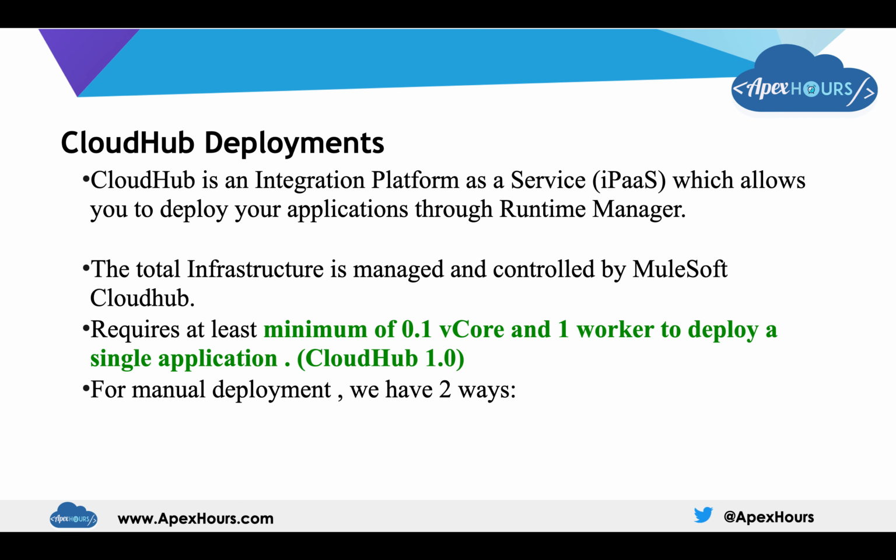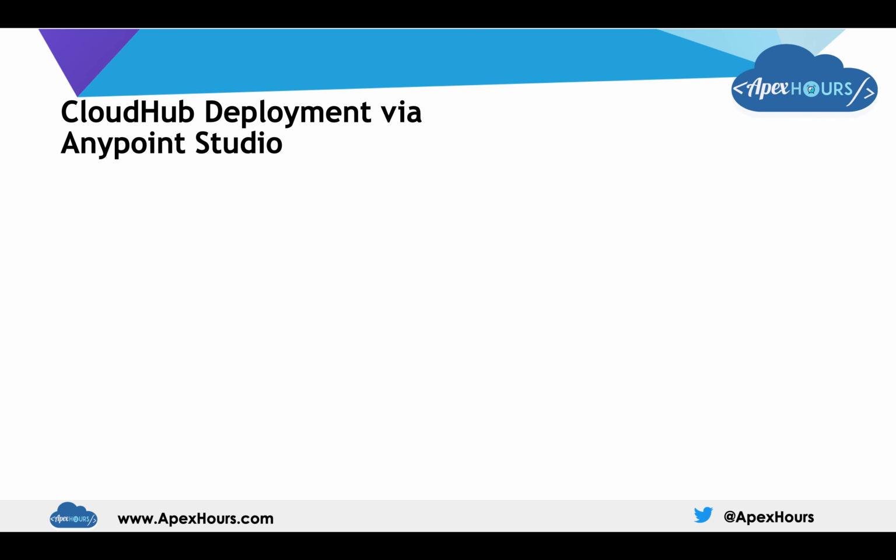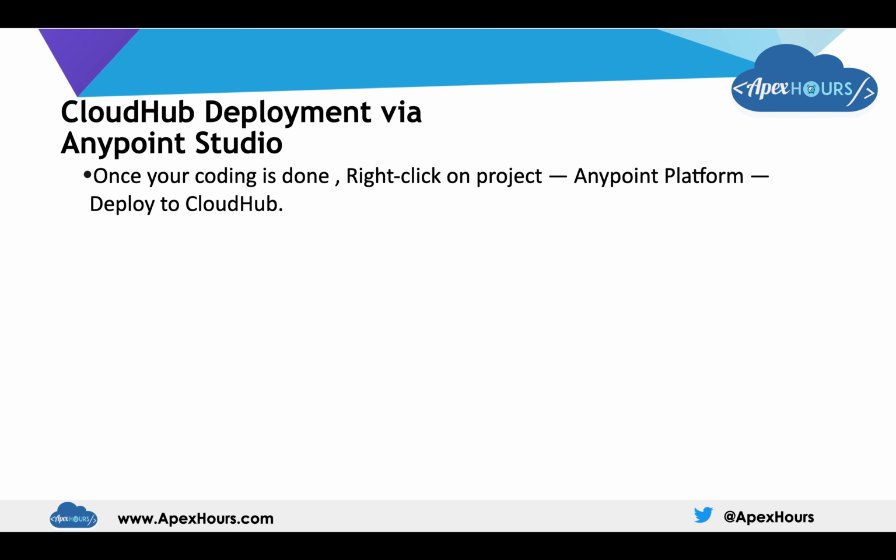From there, the DevOps team will start, they have their own scripts to run and deploy the applications. So in this session, we will see either deploying the application using Anypoint Studio directly or logging into Anypoint Platform and deploying through Runtime Manager. The process is the same, only the way you deploy the application changes. All right. So, CloudHub deployment via Anypoint Studio.